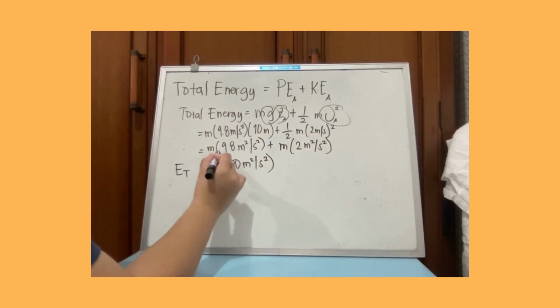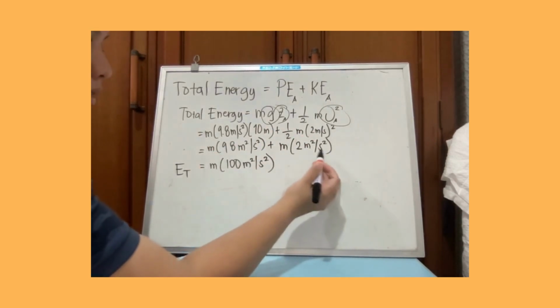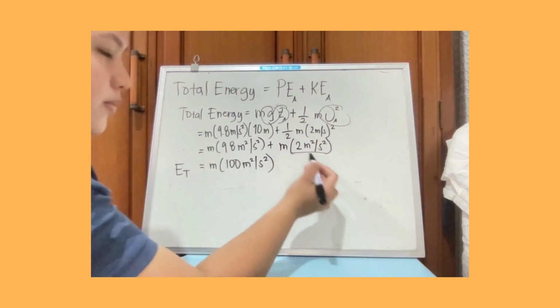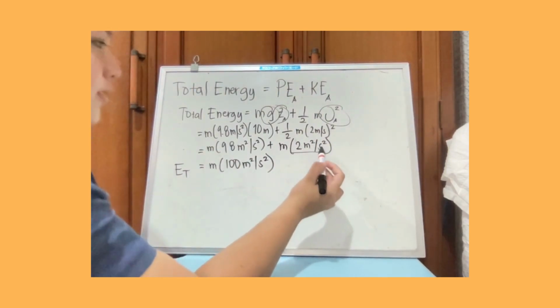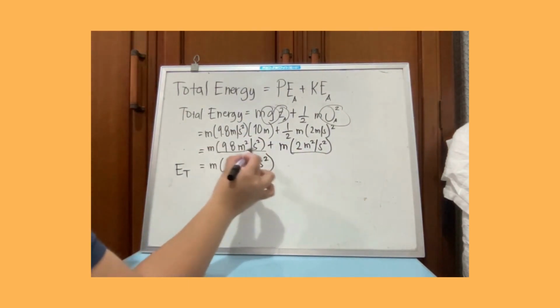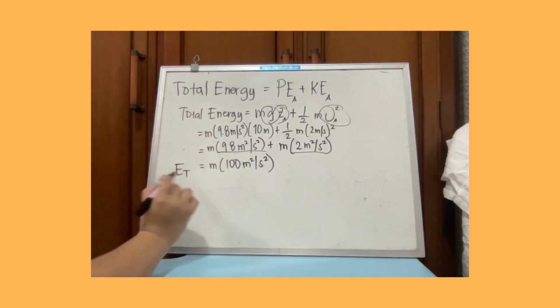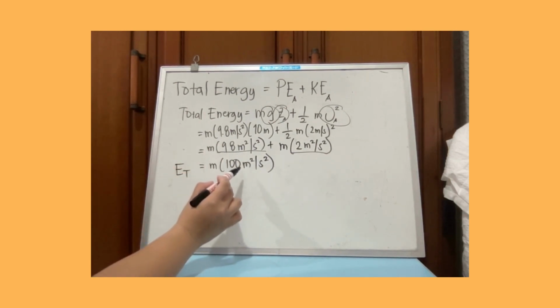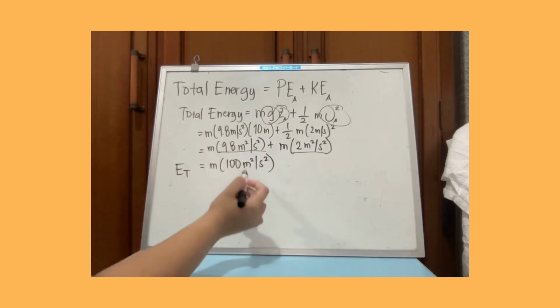Ipagpa-plus lang natin yung common variable, which is itong 2 meters squared per second squared and 98 meters squared per second squared. So, ang total energy natin is mass times 100 meters squared per second squared.